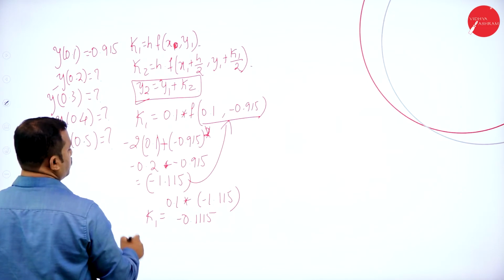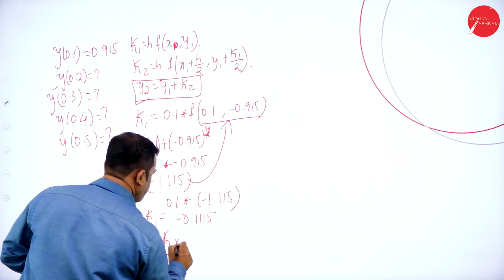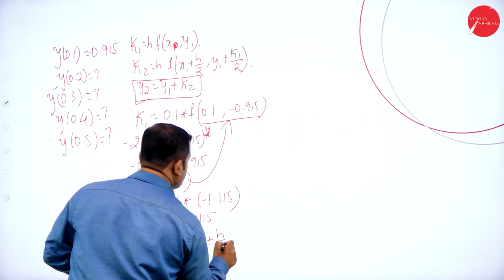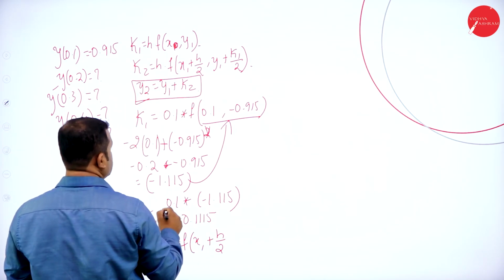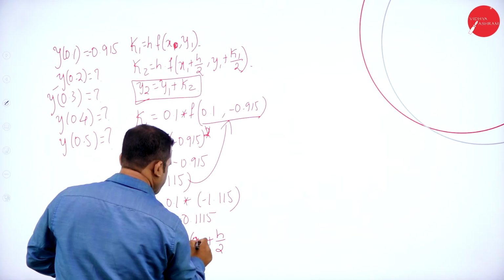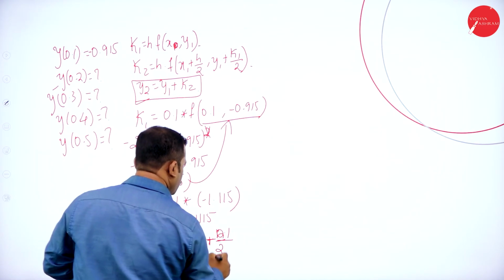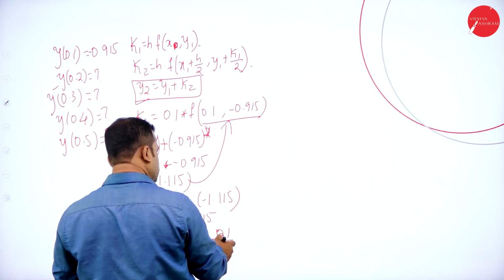How can you find out the value of k2? k2 is equal to h into f of x1 plus h by 2. Let me not write down the same thing once again. What is the value of x1? x1 is equal to 0.1. 0.1 plus h by 2 is 0.1 plus 0.1 by 2, that is 0.15.